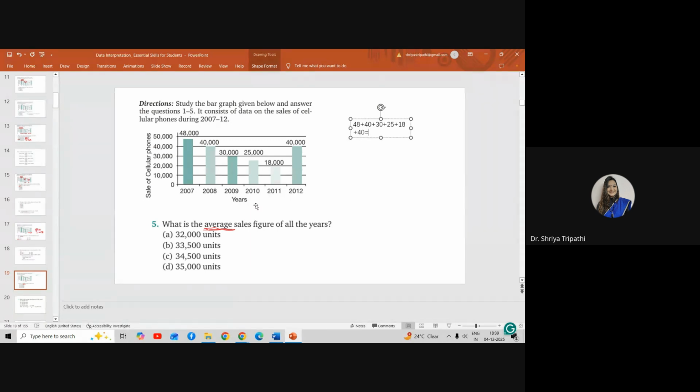If you want to make it easier, all of these are having three zeros. I'm omitting it, right? So here, what will be the answer? 48 plus 40 plus 30, 25, 18 plus 40.